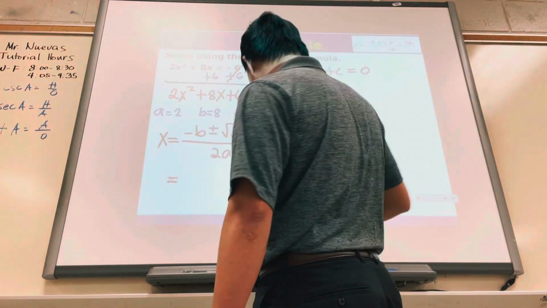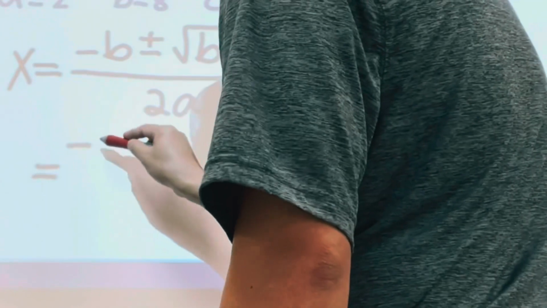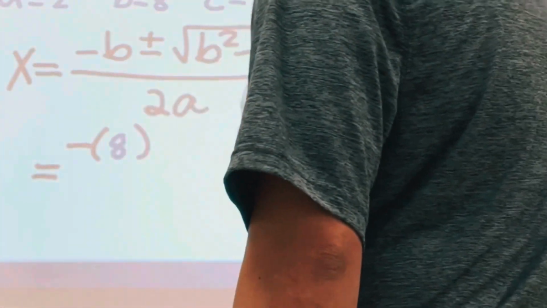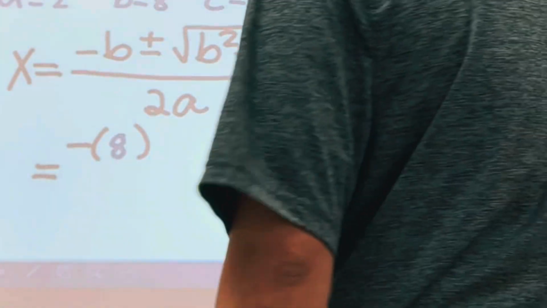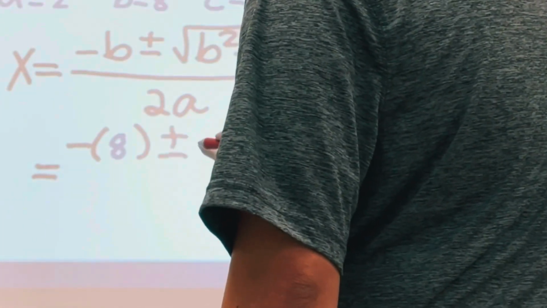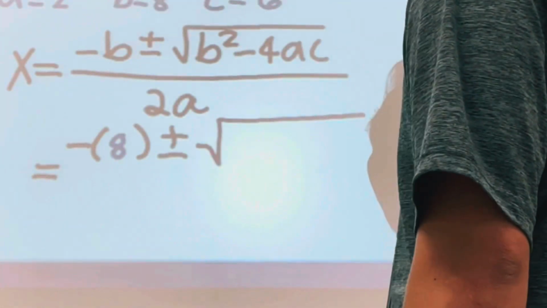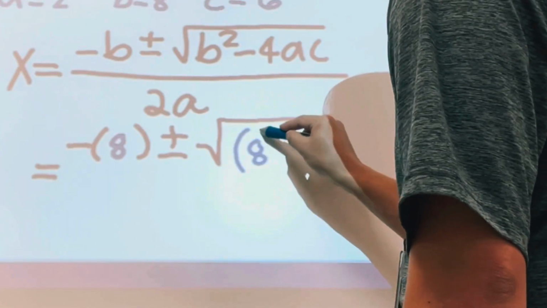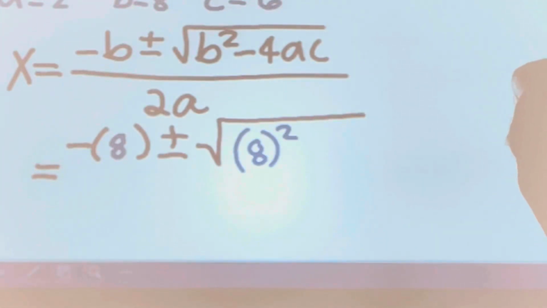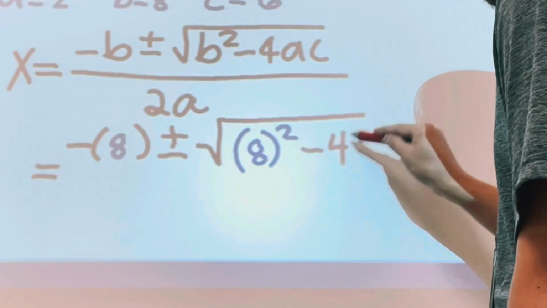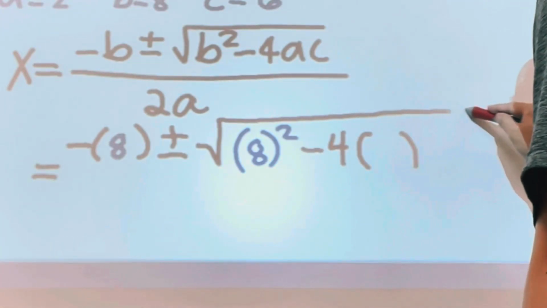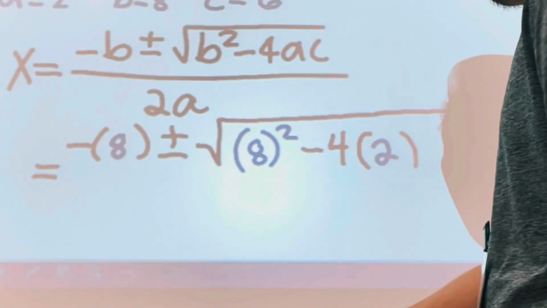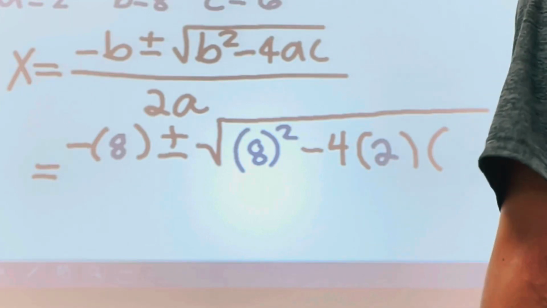So here, we'll have negative, the value of b is positive 8, so in parentheses, plus or minus the square root of b squared, b is 8, so you'll have 8 in parentheses, minus 4 times a, which is 2, and then c is equal to 6.